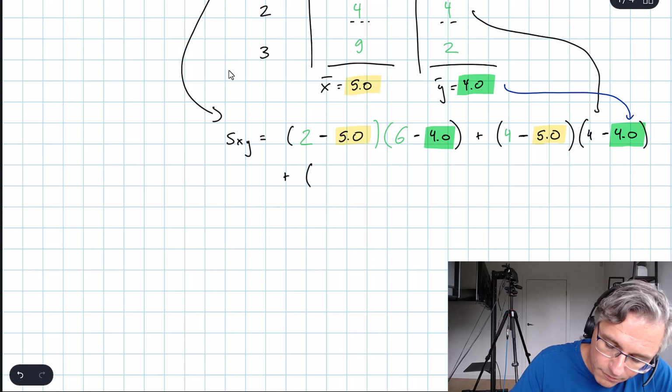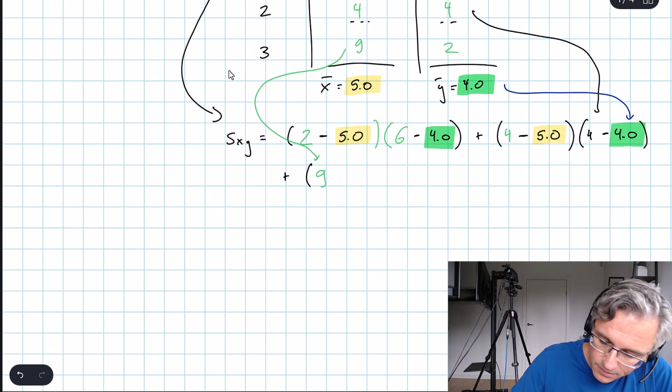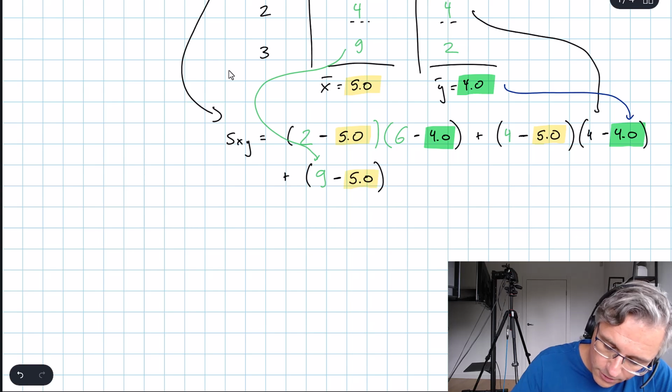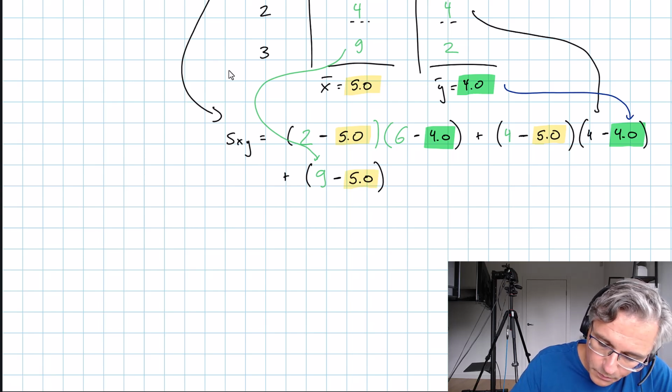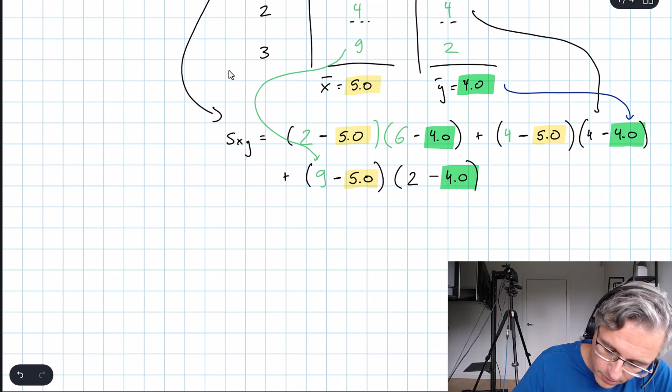Then I'm going to have 9 from over here, of course, deduct that steady mean value for x, and naturally multiply by what y takes on, 2, minus the mean for y, 4. Okay, good.